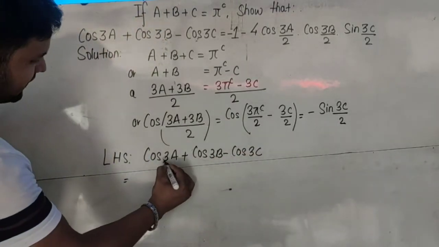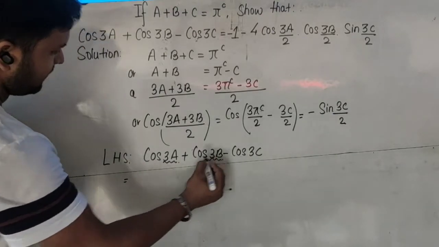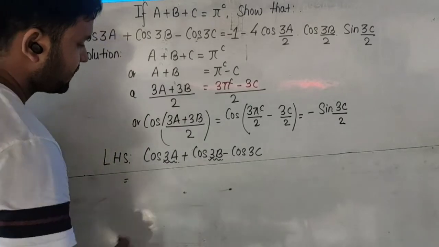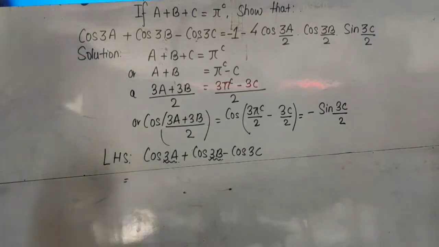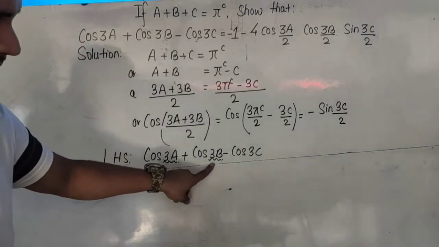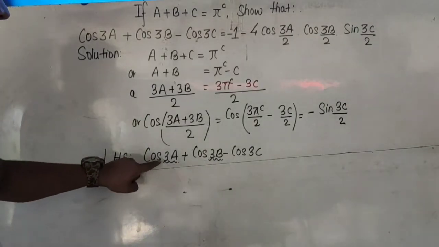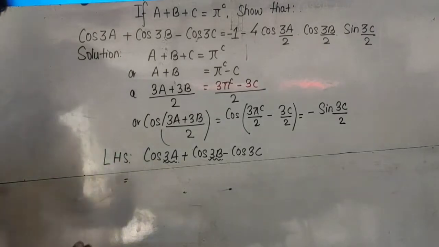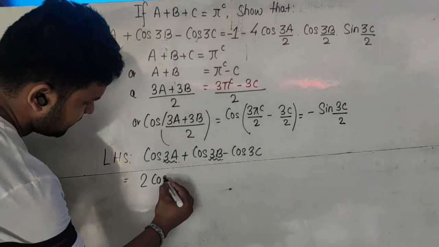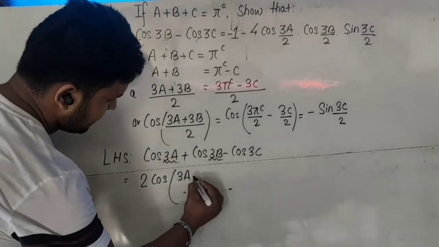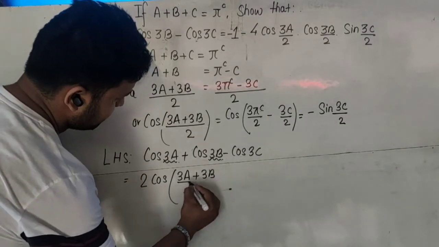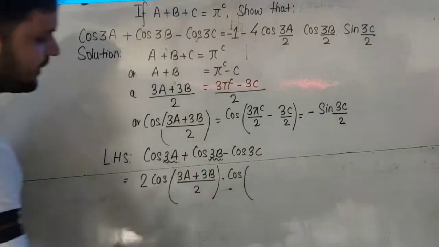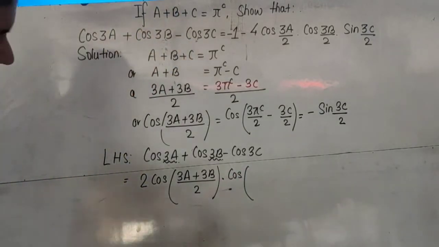I can assume 3a to be a and 3b to be b, and then compare this with the formula of cos a plus cos b. The formula for cos a plus cos b is 2 cos a plus b by 2 dot cos a minus b by 2.